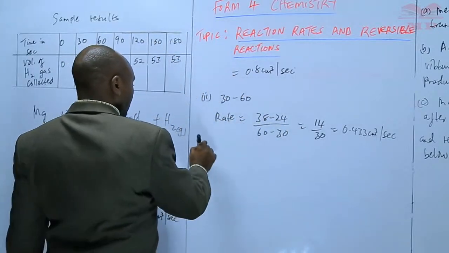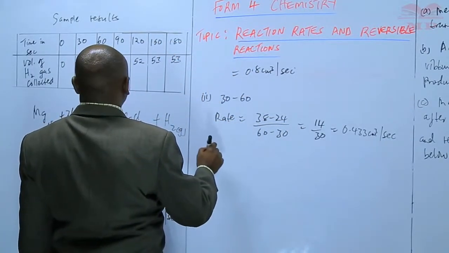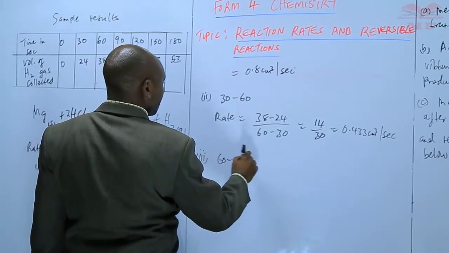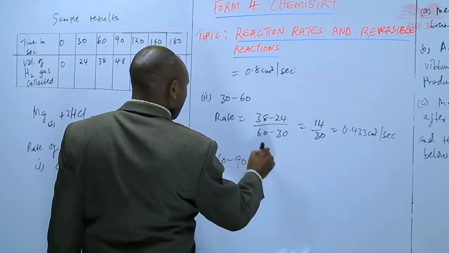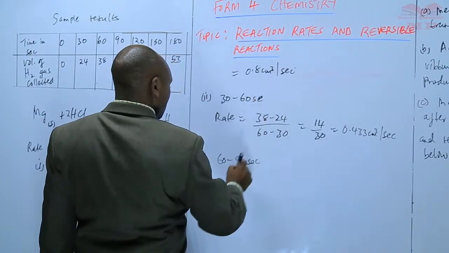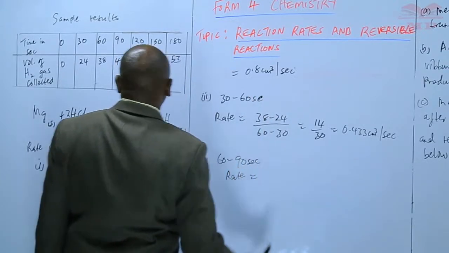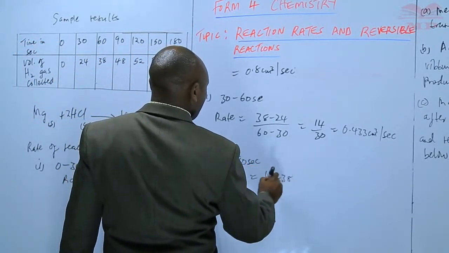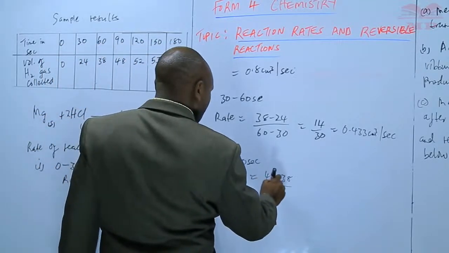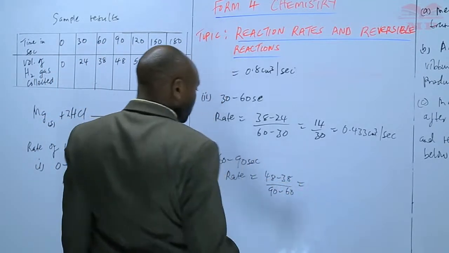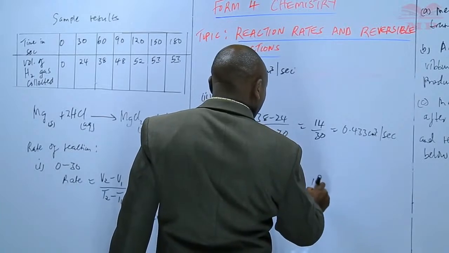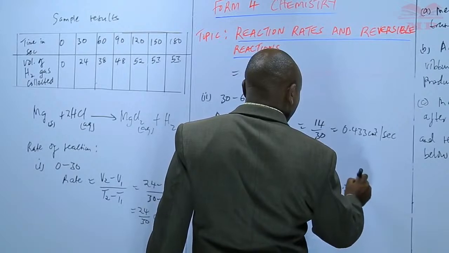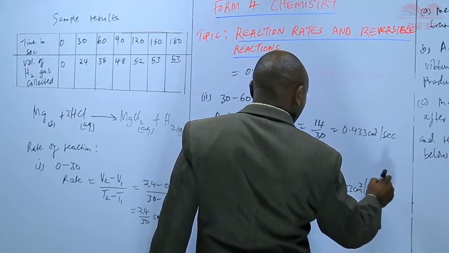We can still measure the rate between 60 and 90 seconds. The rate will be the volume at 90, which is 48, minus 38, over 90 minus 60, which will be 10 over 30, and this is 0.33 cubic centimeters per second.